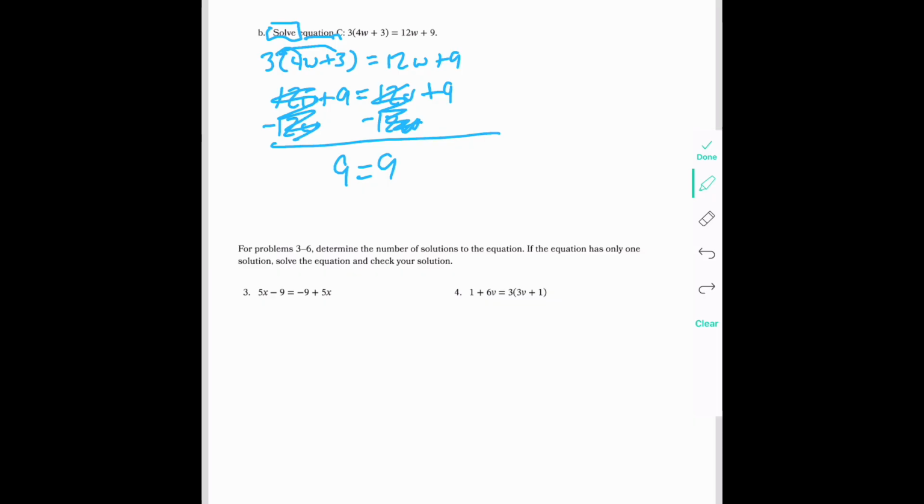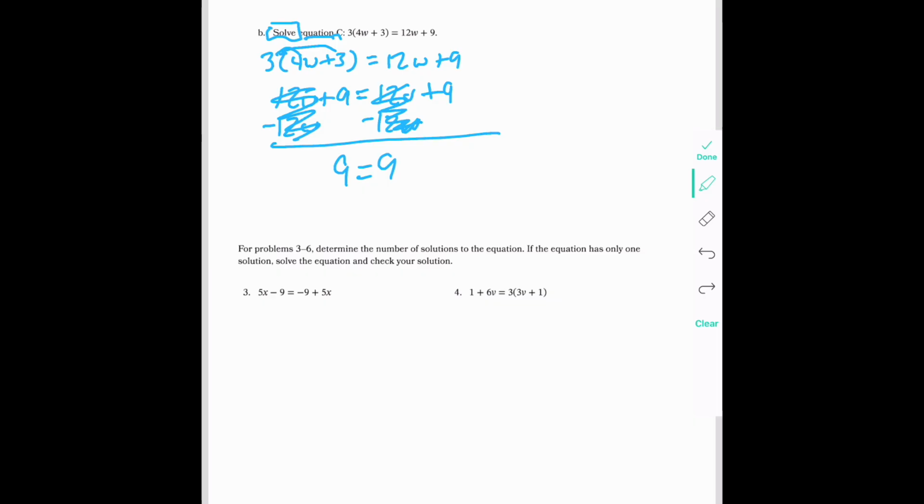It shows you that you have the same amount on both sides, which means that any number you plug in for w will give you the same amount on both sides, okay?